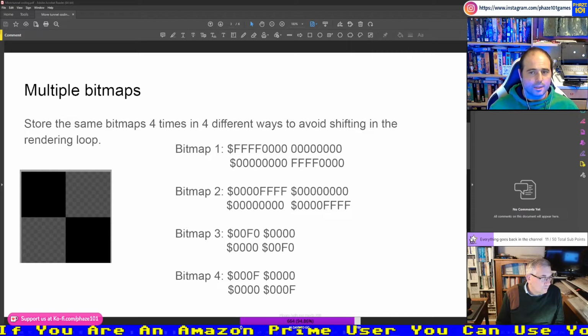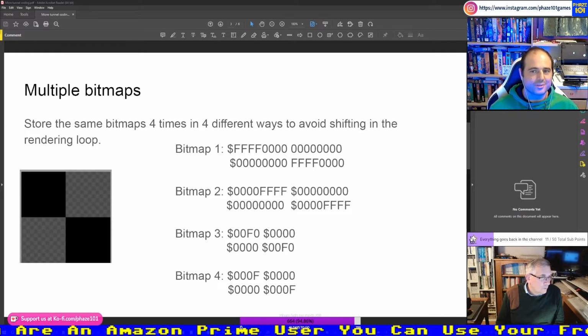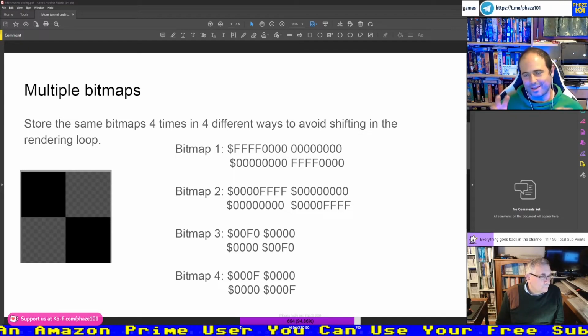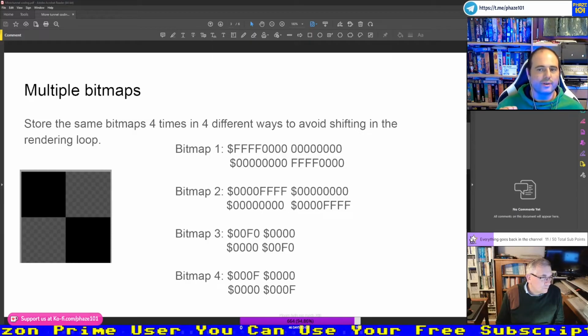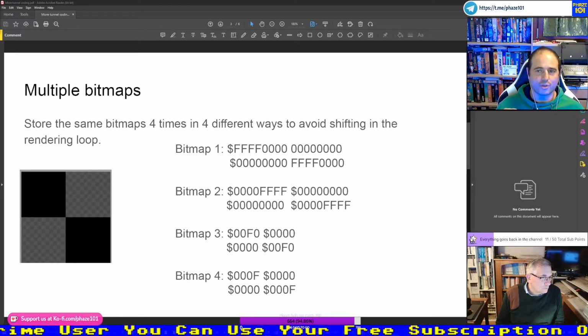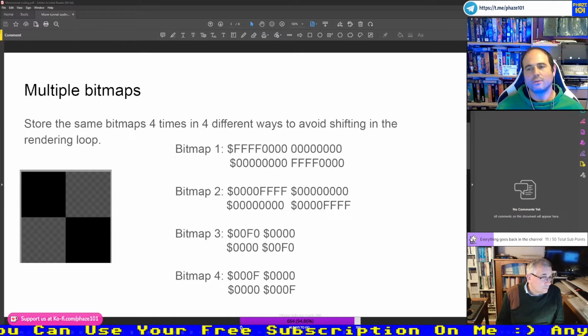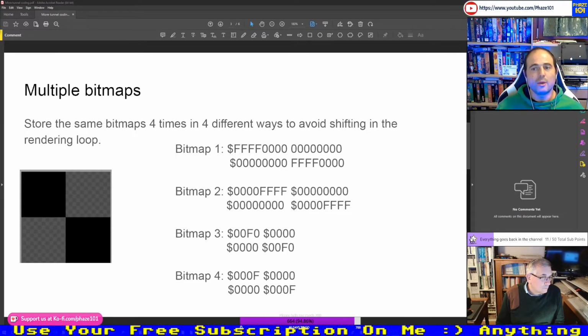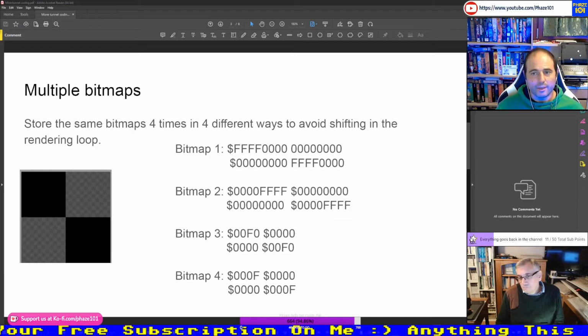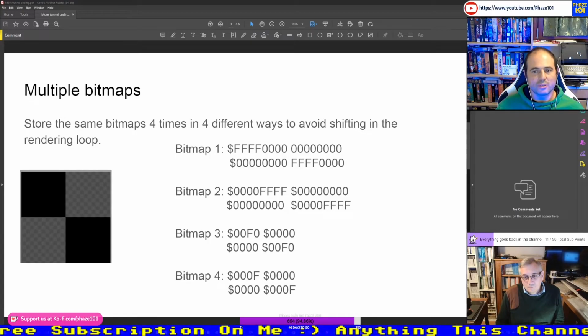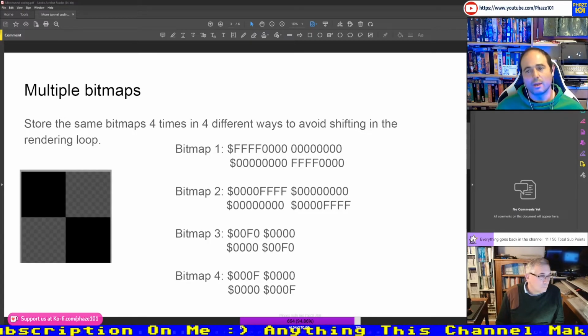So this is just a prerequisite. In order to use this technique, I have to store the texture information in different ways because I want this data to be already prepared and ready to be used inside the rendering loop.